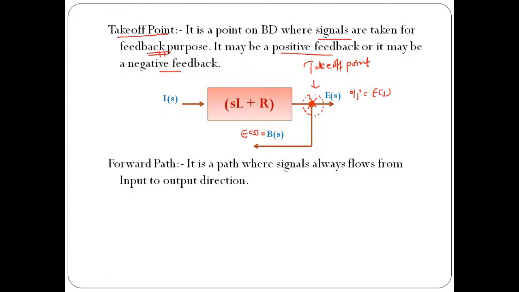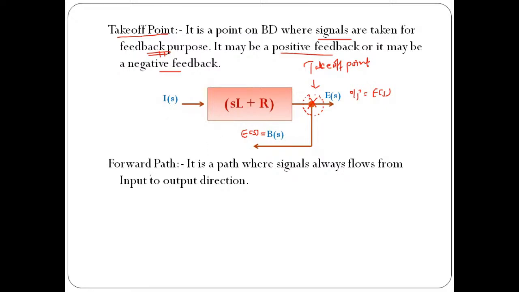I hope this point is clear to everyone. Now this signal may be positive or it may be negative. If we have taken the signal in the positive sense, it is called positive feedback. If we have taken the signal in the negative sense, then it is called negative feedback.